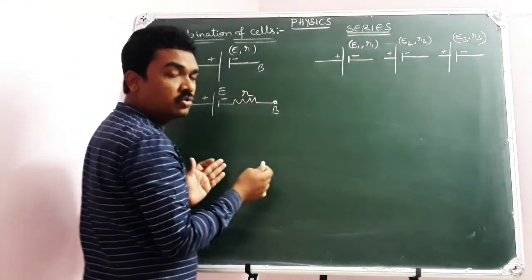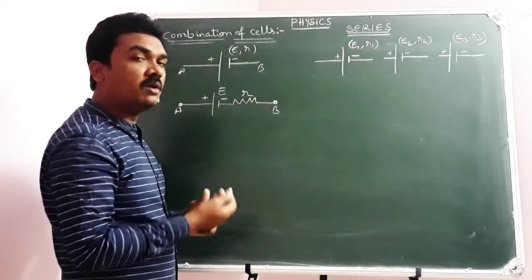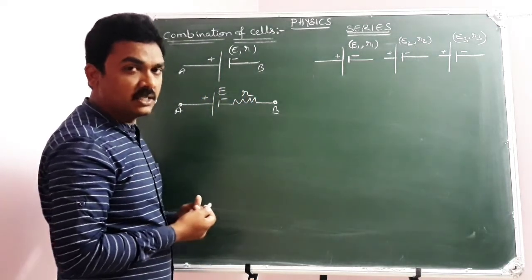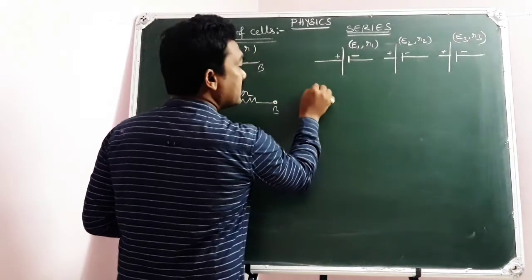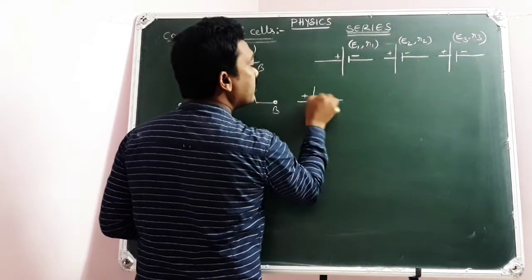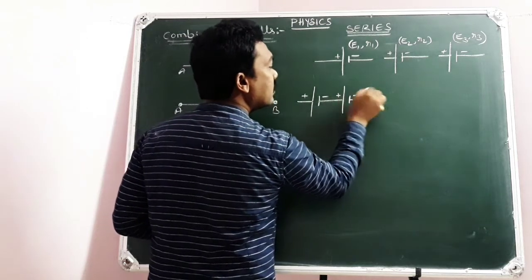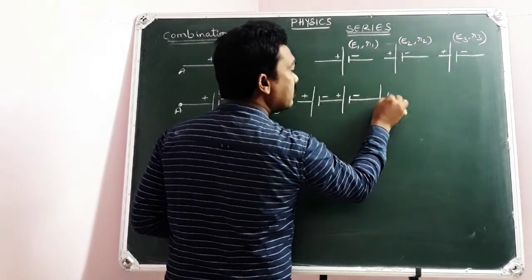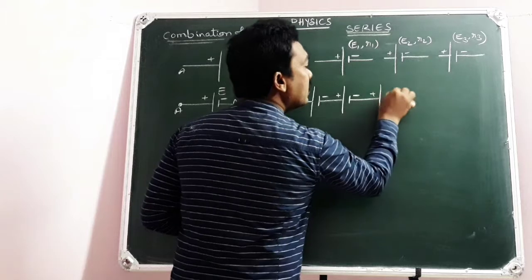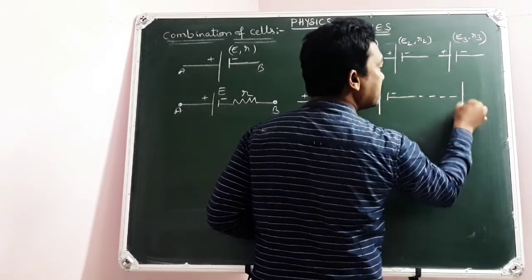Of course, here I am going to take n number of cells. N number of cells are going to be connected in series. Once look at the circuit representation. Here this is one, and here is another, and here is another. In this way, I have n number of cells.